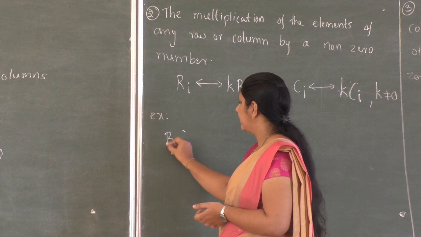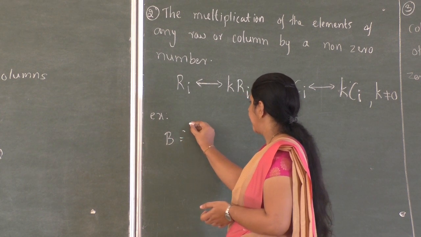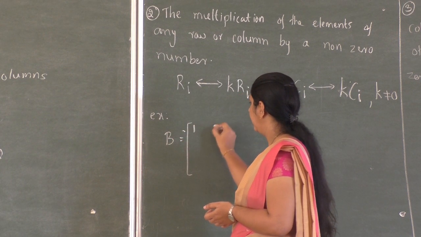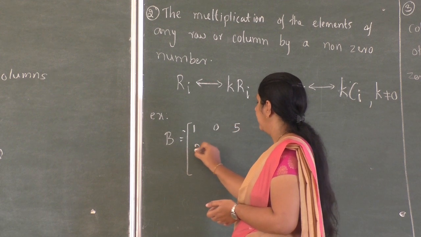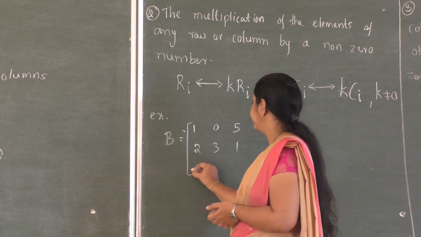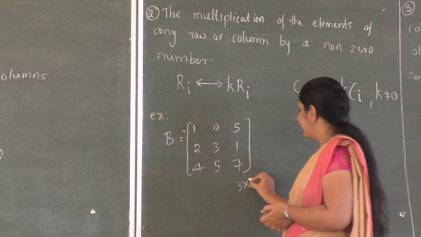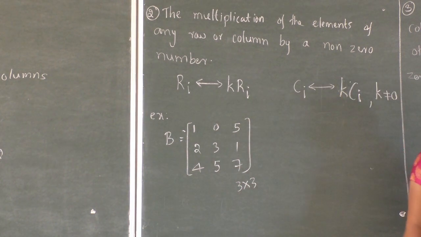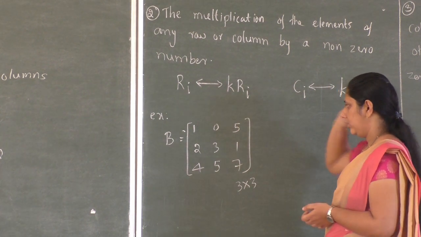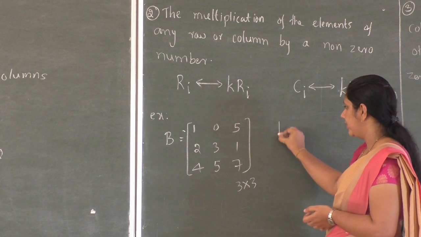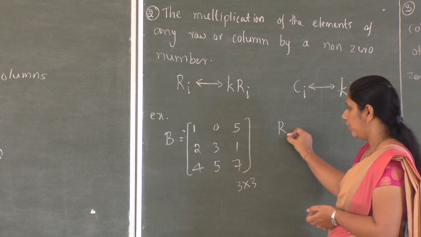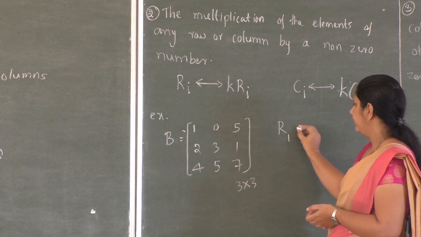Let the matrix B be 1, 0, 5, 2, 3, 1, 4, 5, 7. It is a matrix of order 3 cross 3. I will change the elements of R1.